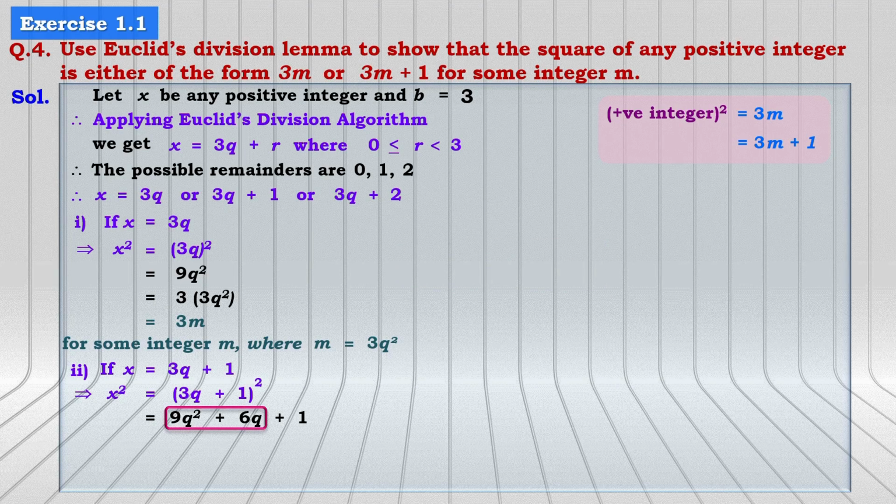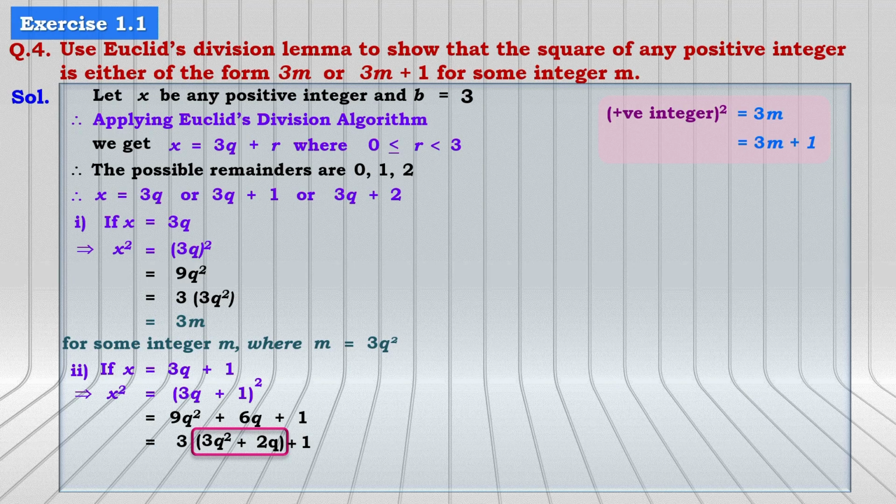So now we have 9q square plus 6q plus 1. Now if we take common 3 over here, then we will get 3 into 3q square plus 2q, and 1 will be remaining aside.